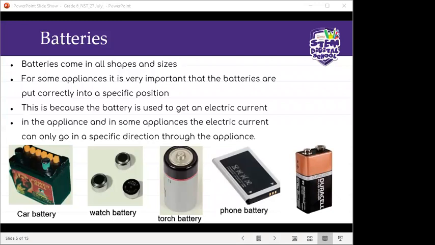Okay, Nomatemba, I see your hand is up. Ma'am, a small radio. Small radio, okay, thank you very much. And then, let's see, Kamahelo.